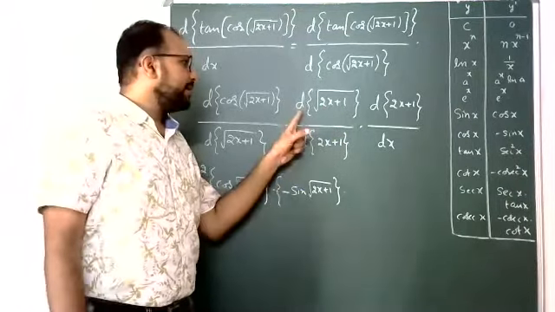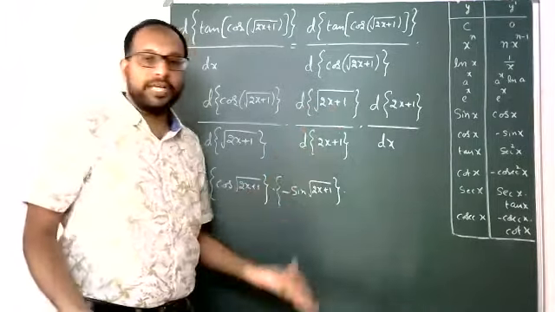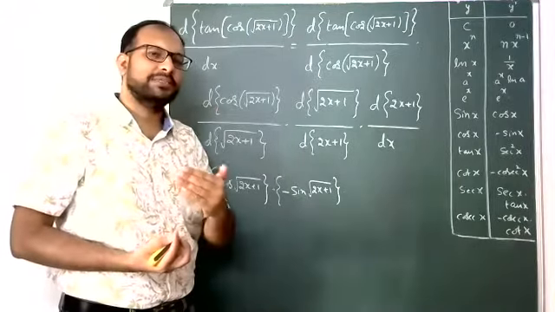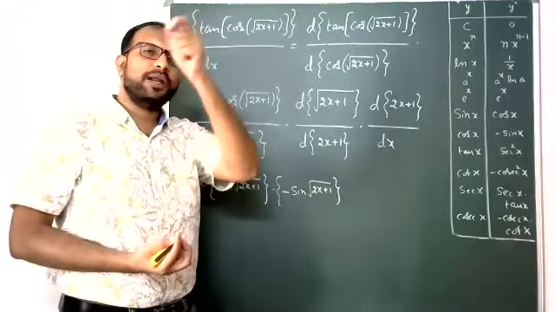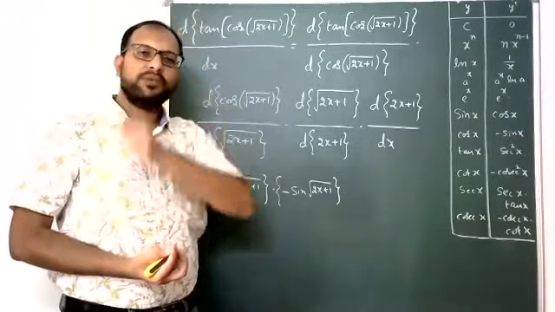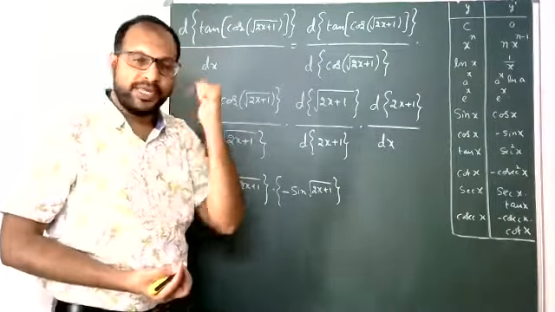Now students, third link, derivative of root 2x plus 1 with respect to 2x plus 1. This is the derivative of root w with respect to w, indirectly root x derivative with respect to x. Root x means x to the power of 1 by 2, so 1 by 2 x to the power of 1 by 2 minus 1, which means 1 by 2 root x.